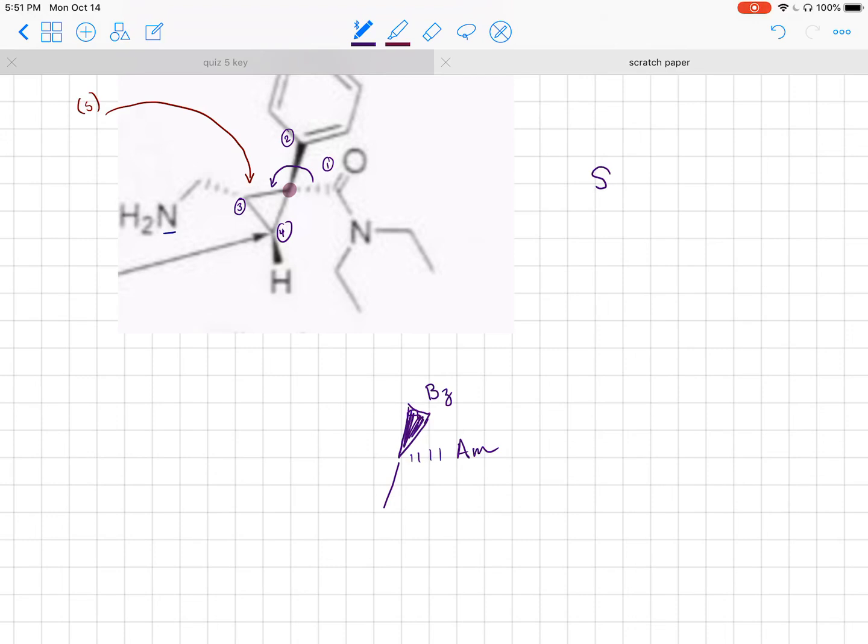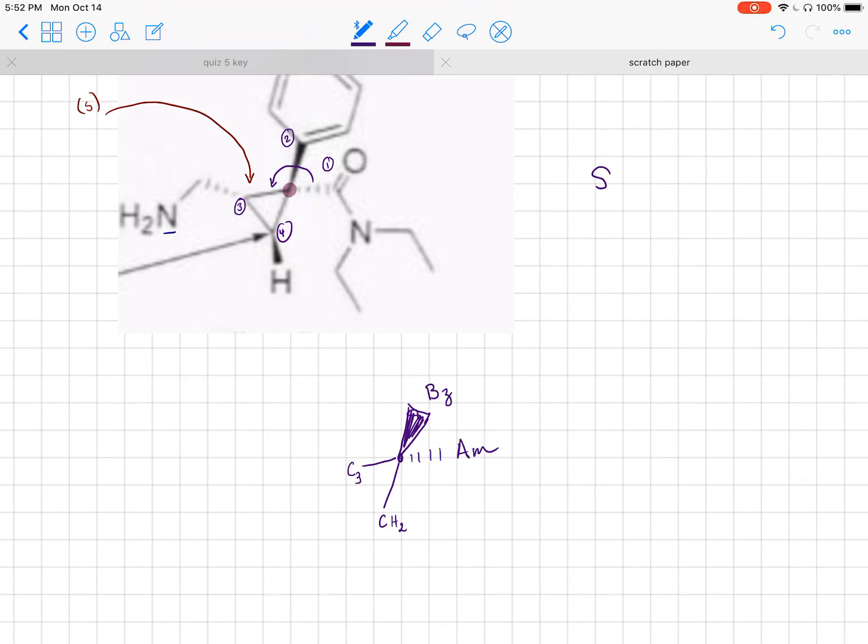Let's call this CH2 and C3. Just to make things easier, obviously these carbons are attached to each other and that makes this whole thing more complicated, but we're just looking at the shape around this carbon right here.